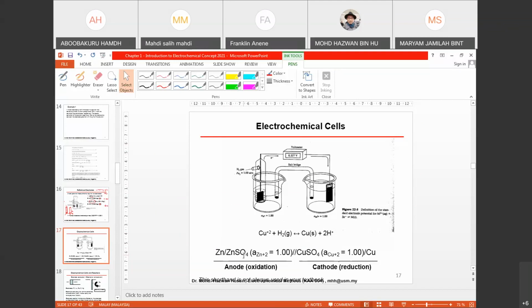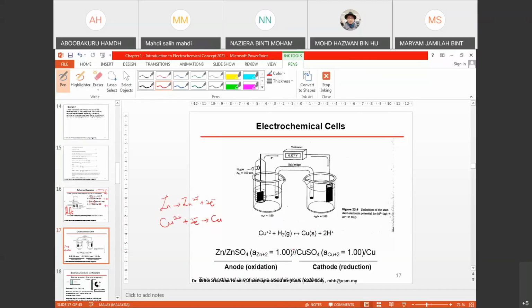Then you'll see that when zinc is oxidized, it will form Zn2+ plus 2 electrons, as the anode, and for the cathode, this is actually the reaction.